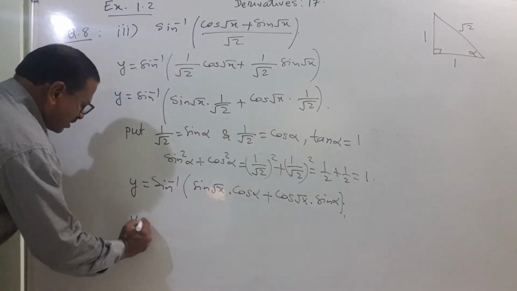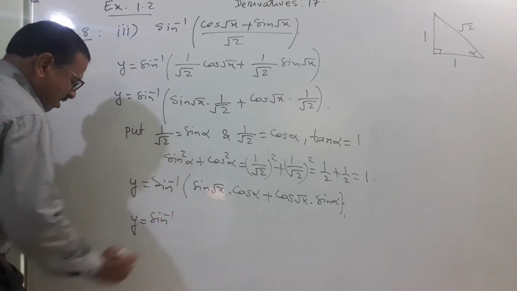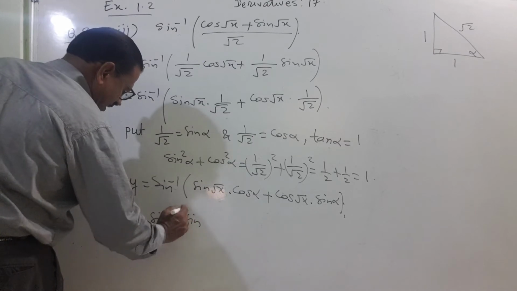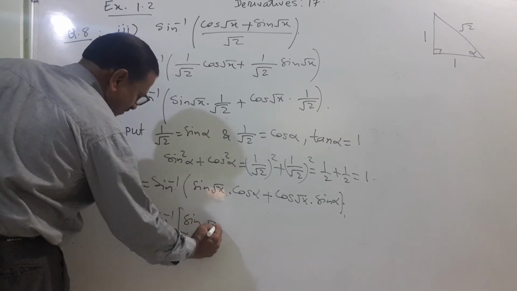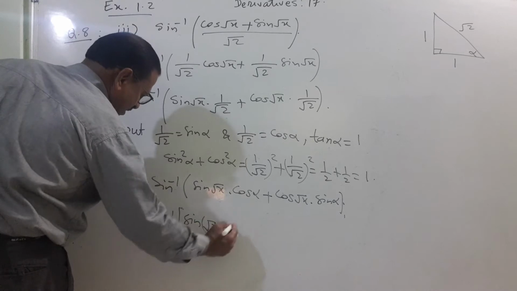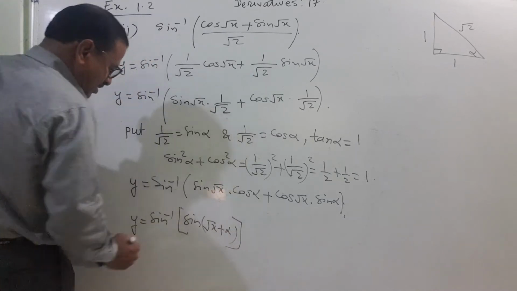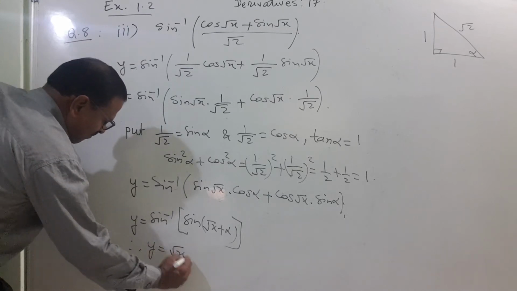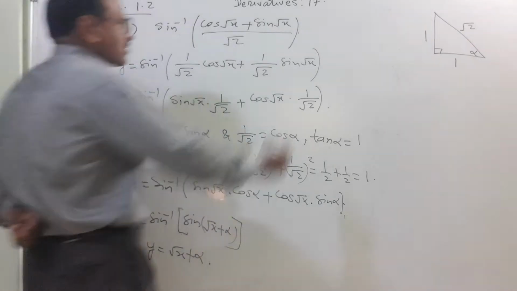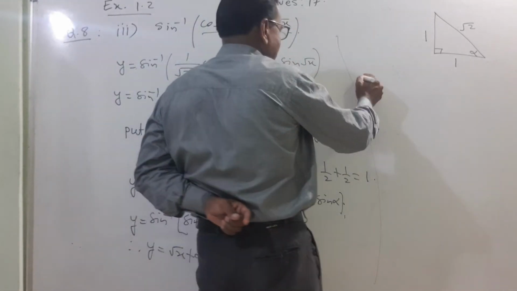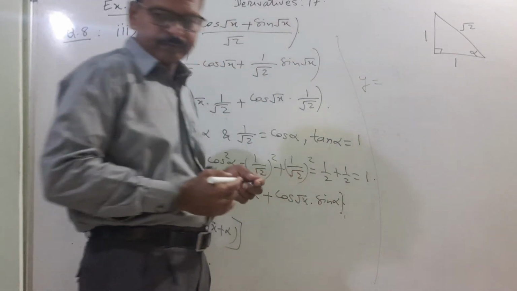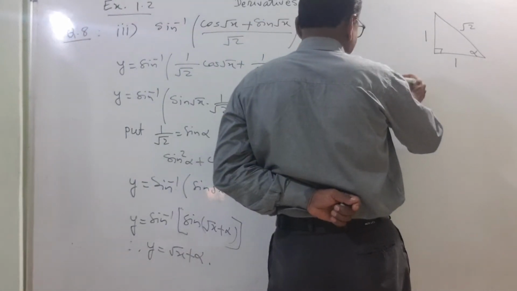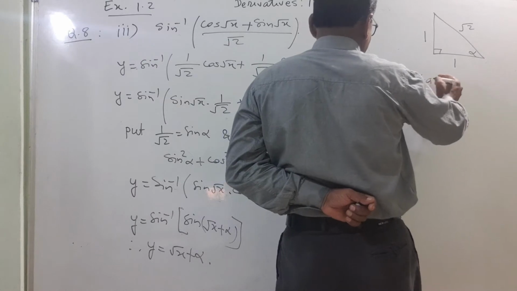This is y is equal to sine inverse of sine of root x plus alpha. This is the expansion. Therefore, sine inverse and sine cancel and y is equal to root x plus alpha.